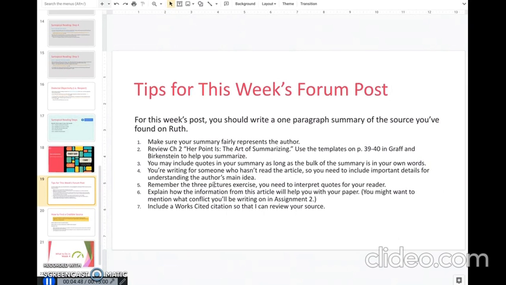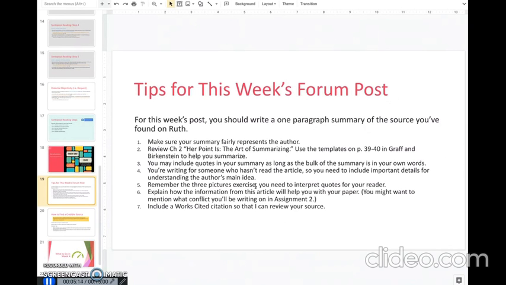So keep in mind that picture exercise we did a couple weeks ago, where you had the image of the granola bar, the hand sanitizer, and the candle. All of you came up with very different interpretations for those three images. So keep that in mind, that when you're summarizing an article, you need to explain how you want us to view those images, how you want us to interpret them.